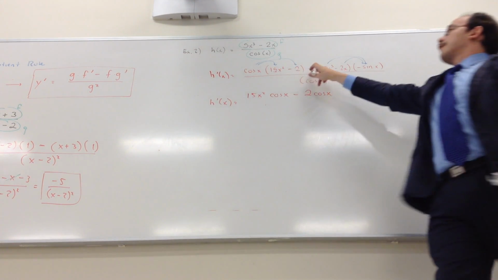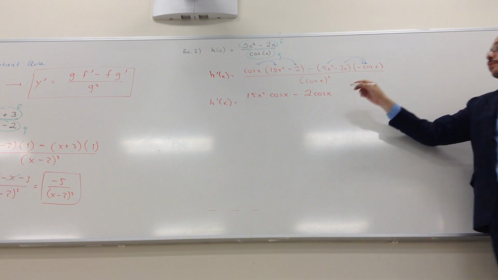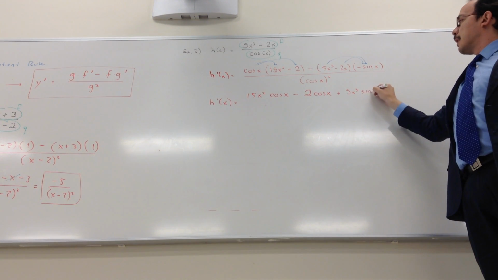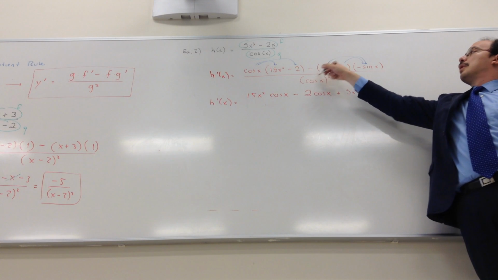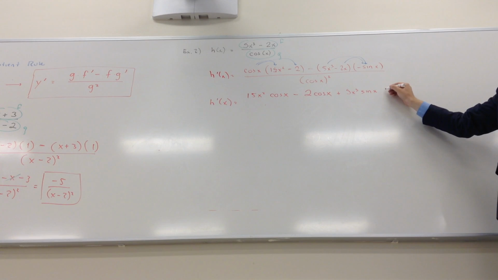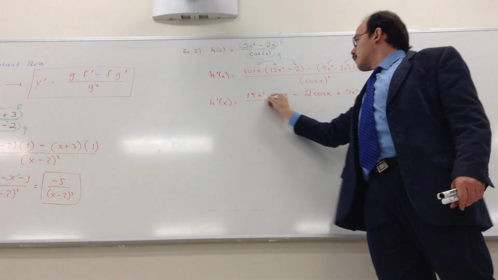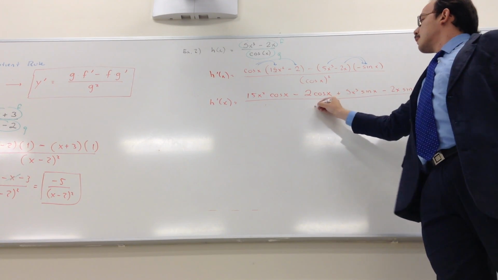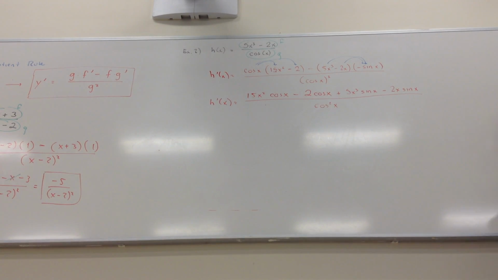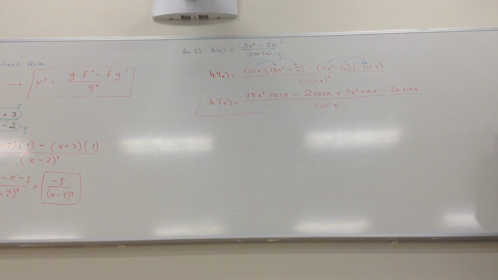Then minus 5x to the cube times the minus sign, so 5x to the power of 3 positive sine, and minus negative 2x, negative sign, plus sine of x, over cosine squared of x. That's it. That's the answer.